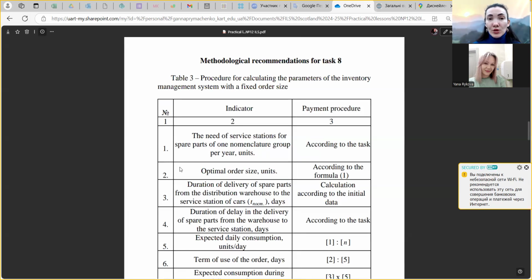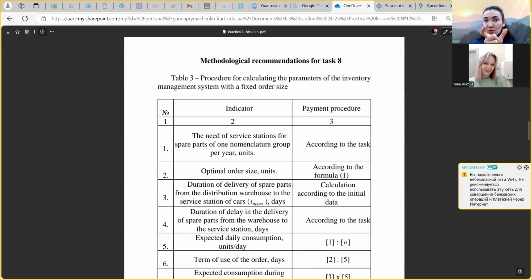We find first number, it is payment procedure, we already finished. We find according to tasks optimal order size, by formula number 1, and we finished on the point 3. It is duration of delivery of spare parts from the distribution warehouse to the service station of cars. So we need to find how many days we spent on this road.